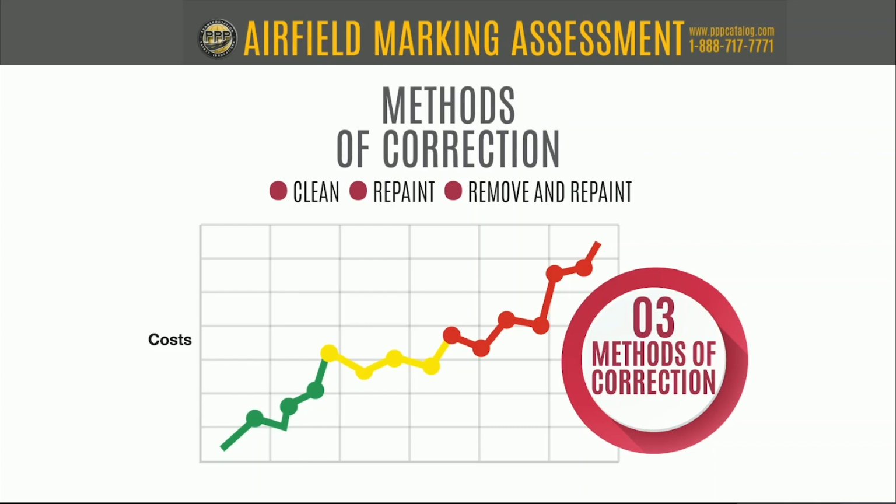That's a really good idea, very smart that the FAA included that. The idea is they're saying, before you just go paint on top of whatever's out there, see if you can clean it first. Just like that airport in Kentucky I mentioned a couple of days ago, they found out there's actual paint under all of this algae. We just had to clean it and we're good to go.